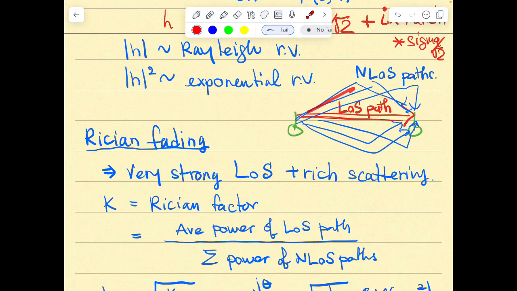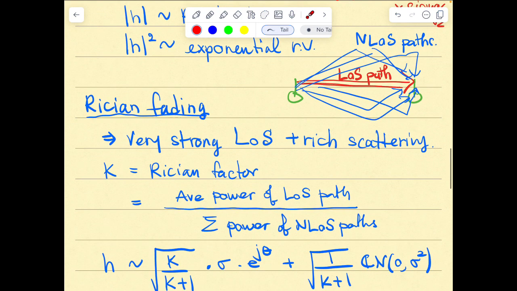And also there are other non-line of sight paths as well. So we assume that there's a very strong line of sight path plus very rich scattering. Scattering means the signal reflects off a lot of objects in the signal path, and they're combined at the receiver.